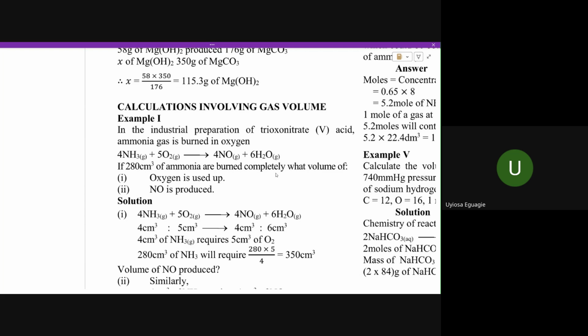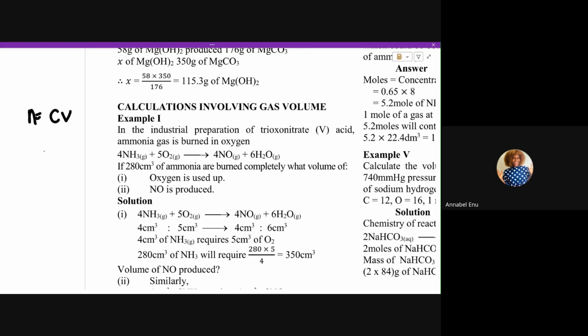But is it for gases? Yes. I gave a list of formulas in the last class. Since we have concentration, one of the formulas I gave was concentration is equal to number of mole divided by volume, which also implies that number of mole N is equal to concentration times volume.